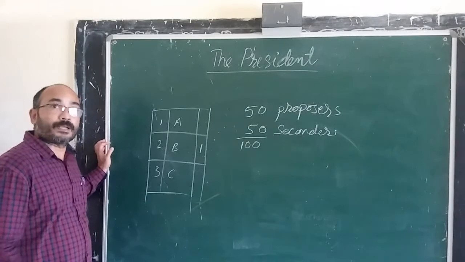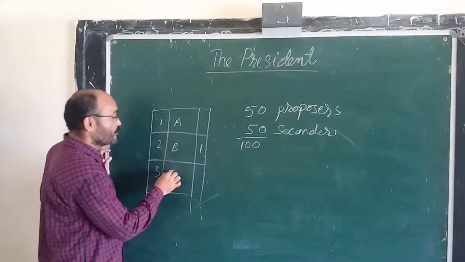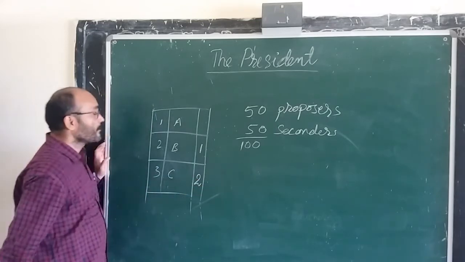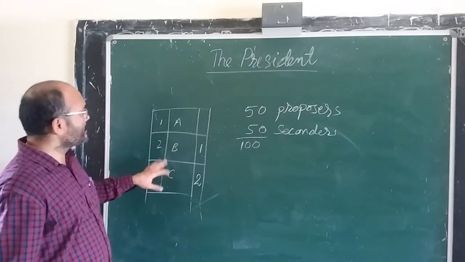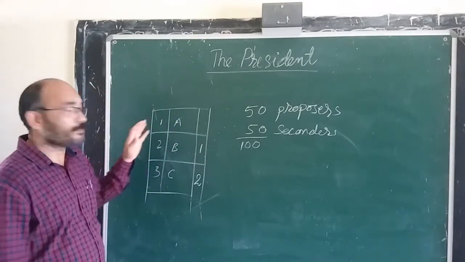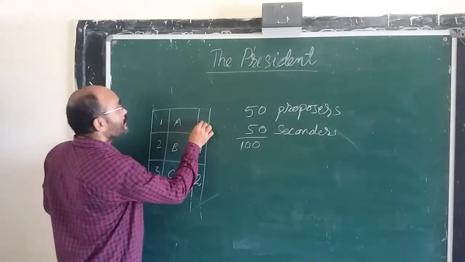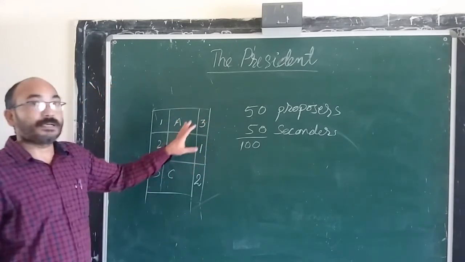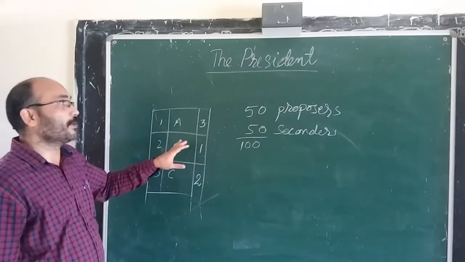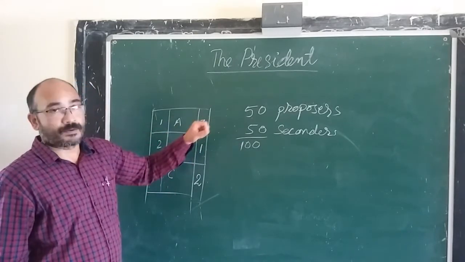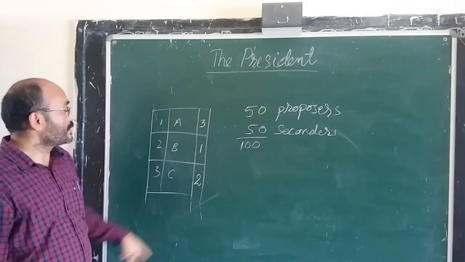So I am giving my second preference vote to C. And if B and C both are not elected, then A can become the president. So I am casting my third preference to A. This way each member of the parliament, each member in the electoral college, casts their vote.